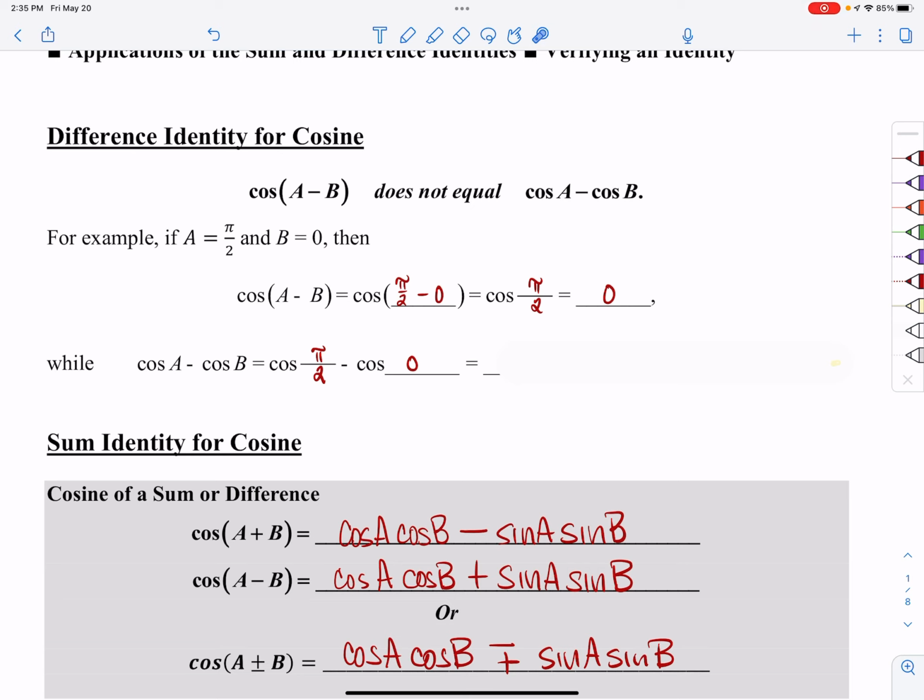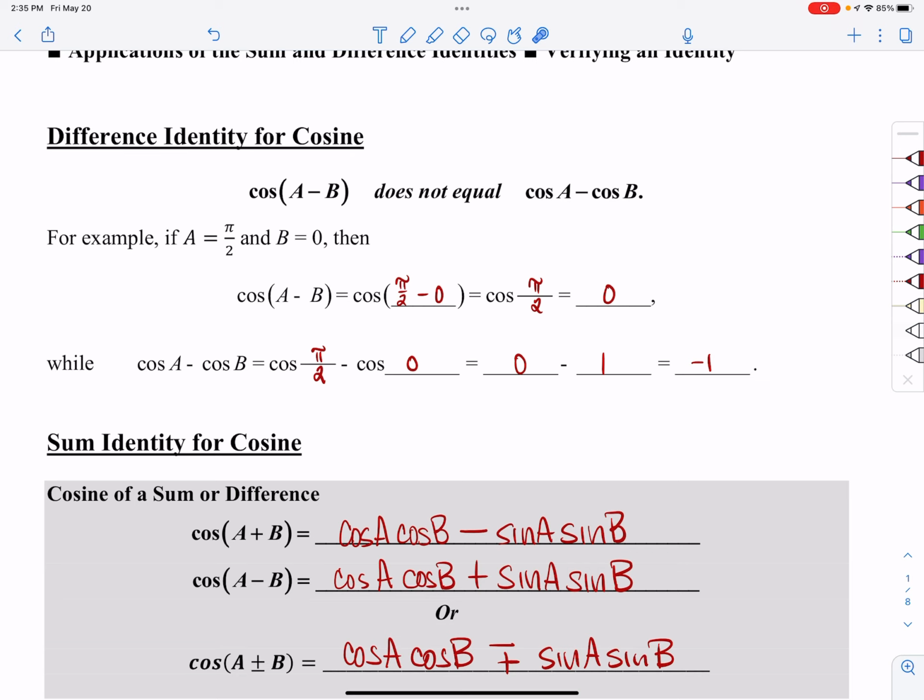Take a look at your unit circle. What is the cosine at 0 radians? At 0, the cosine is 1. So 0 minus 1 is negative 1, and we can see that no, these two are not equal to each other. It takes one simple example to show that distribution does not work. I cannot jump from this into this right here.